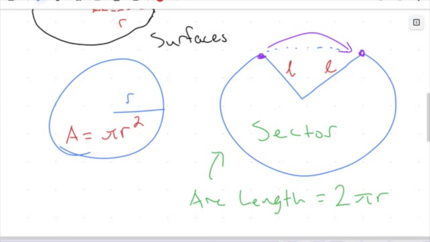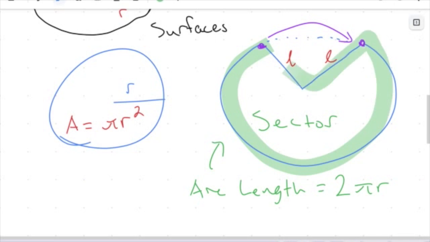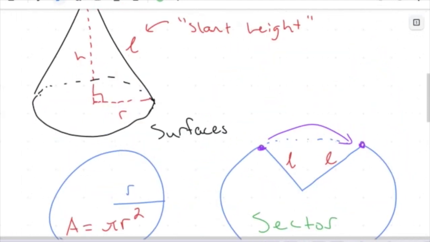So I'm going to consider something about how this sector relates to my entire circle here. We're going to do a little bit of mathematical manipulation in order to come up with an expression for my sector, because as it currently stands, I don't know my angle value, so I can't calculate my sector as I normally would. All I have is a radius of length L, this length up here.